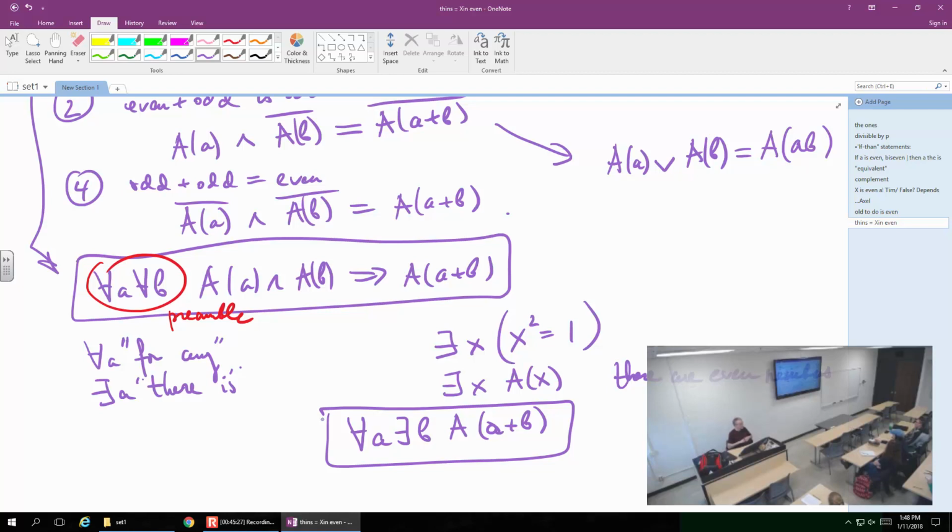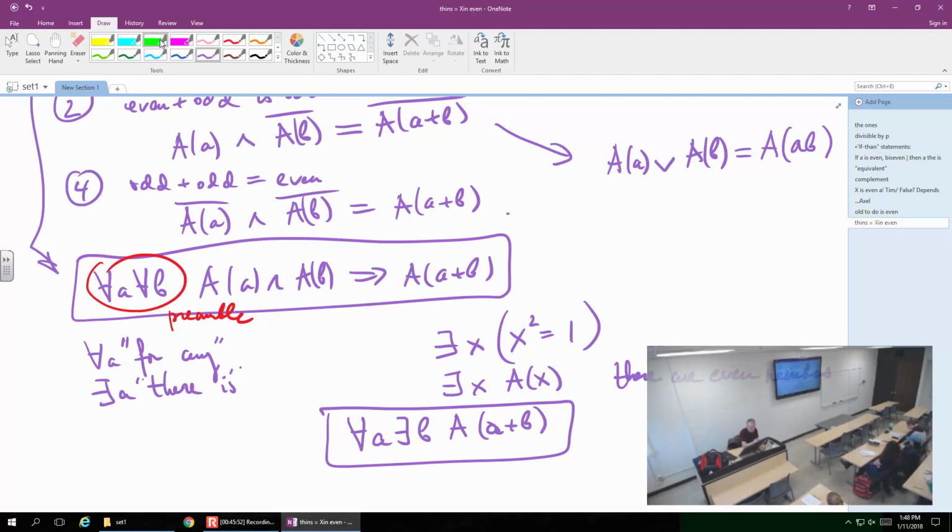For any A, there is a B such that their sum is even. So for any number, you can add to it another number which makes the sum even. True or false? True, right. If it's even, you pick an even. If it's odd, pick an odd, and that's how you have the answer.